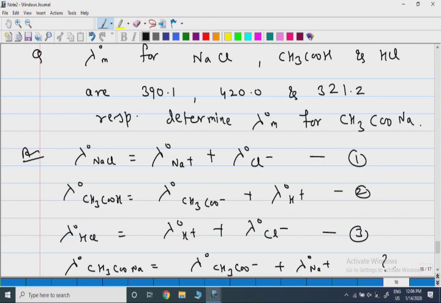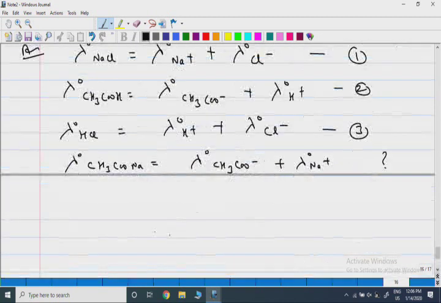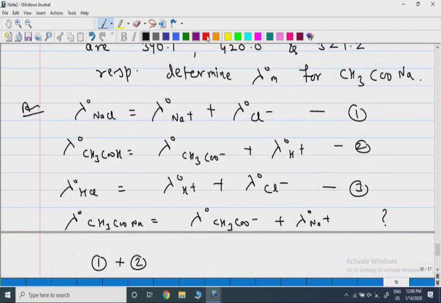So we have to arrange equation number 1, 2 and 3, or we can say you have to add or subtract them in such a manner that finally you should get equation number 4. So what do I need in equation number 4? I need first of all CH3CO negative ions, which is present in equation number 2, and Na plus ions, which are present in equation number 1. Now look at this. If I add equation number 1 with equation number 2, I'll get this ion and this ion, and these two ions are actually present in equation number 4.